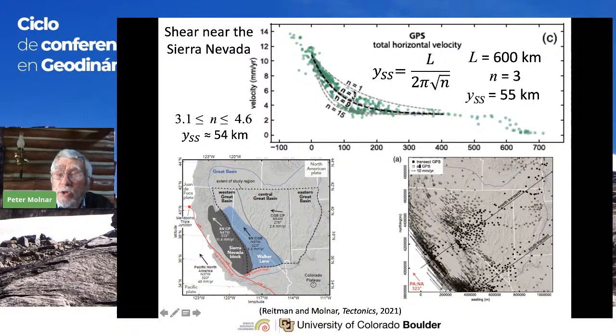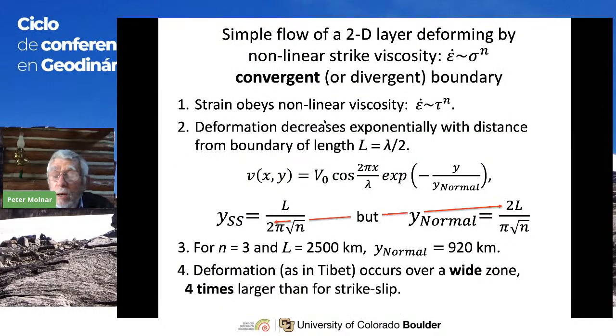So this exercise is suggesting that n is of the order of 3. It's in this range of 3.1 to 4.6. Hence, the mantle is contributing. The mantle and viscous deformation, maybe in the crust, are contributing large fractions of the resistance to the deformation, the viscous strength of the mantle, and maybe some of the crust.